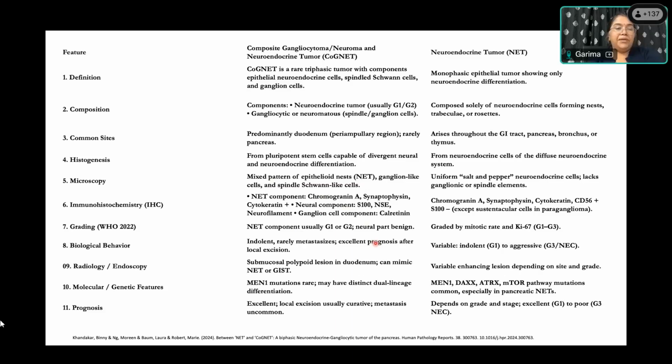Usually it is benign, indolent in nature, and as I mentioned, it presents as a submucosal polypoid lesion in the duodenum. The unique thing about our case was that the epicenter was in the pancreas, and the prognosis is excellent. Neuroendocrine tumor, on the other hand, is a monophasic epithelial tumor and shows only neuroendocrine differentiation. Right, so this was an interesting case which we recently encountered.